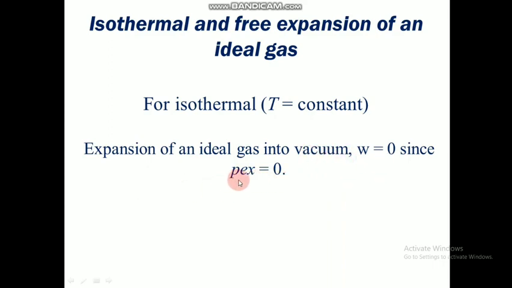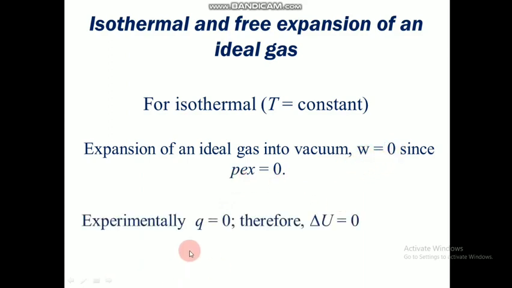P external is equal to 0. When P external is equal to 0, work also becomes 0. So experimentally, when Q is equal to 0, from the equation delta U is equal to Q, which we just got, delta U also becomes 0. Internal energy change is also 0.